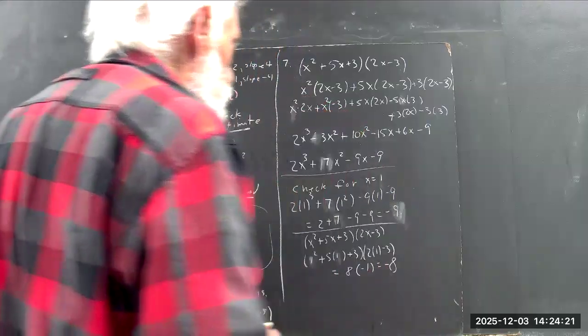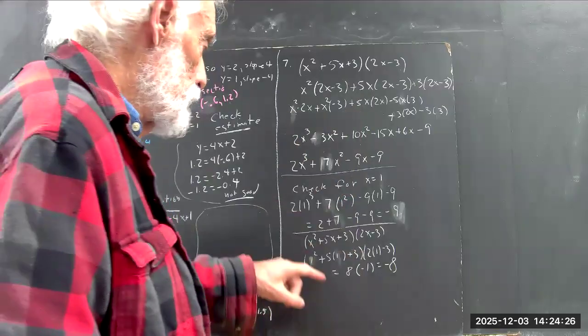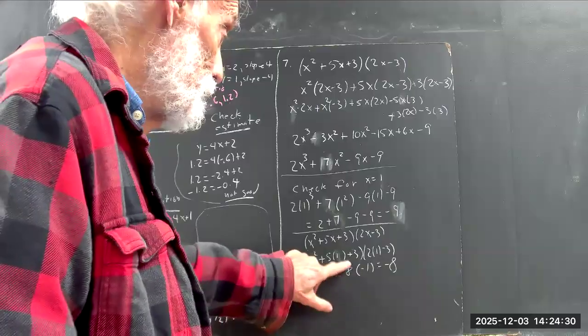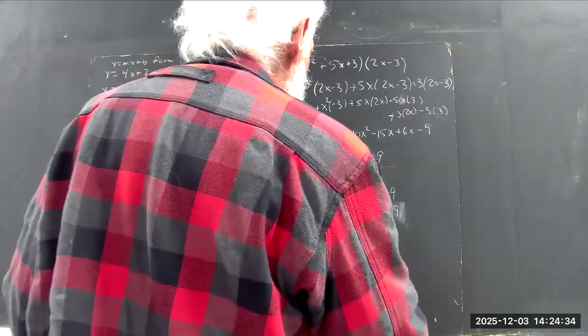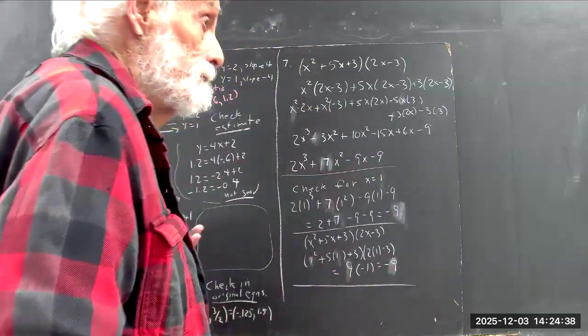And I got negative 8 here. Well, I just didn't do my arithmetic right here. I did it too quickly. 1 and 5 is 6, and 3 makes 9. So that should be 9 times negative 1. And there's negative 9. So it's a good thing I checked.